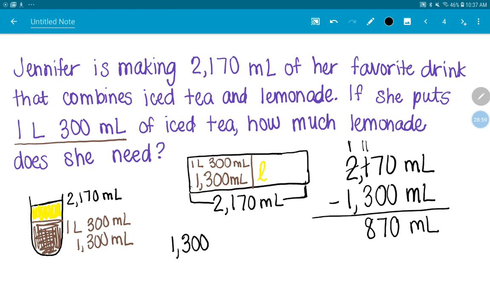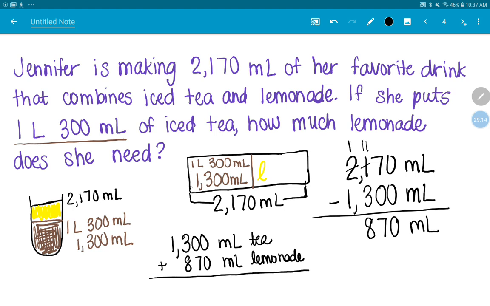Okay, so we could add our two parts, 1,300 milliliters of tea plus 870 milliliters of lemonade. And Ansley says if we add those together, that should equal the total in her drink. 0 plus 0 is 0. 0 plus 7 is 7. 3 plus 8 is 11.